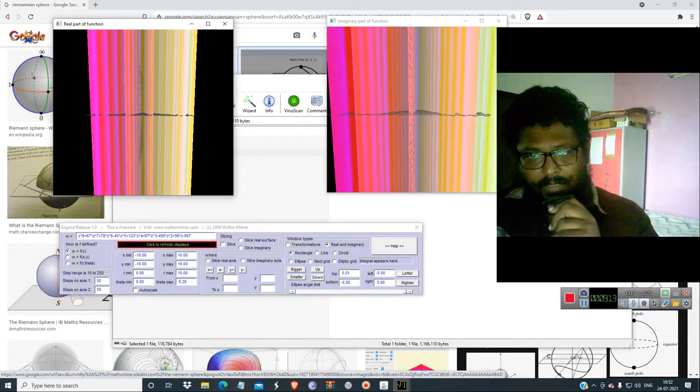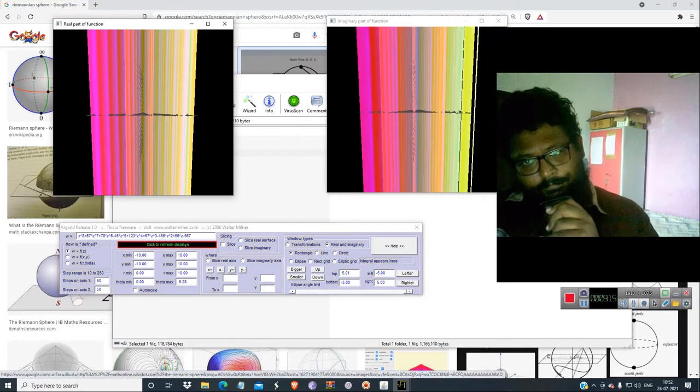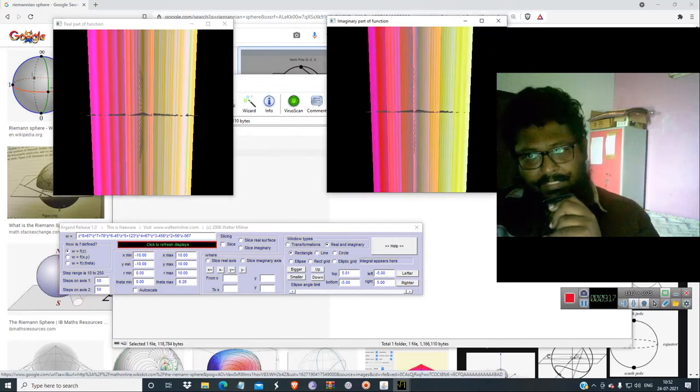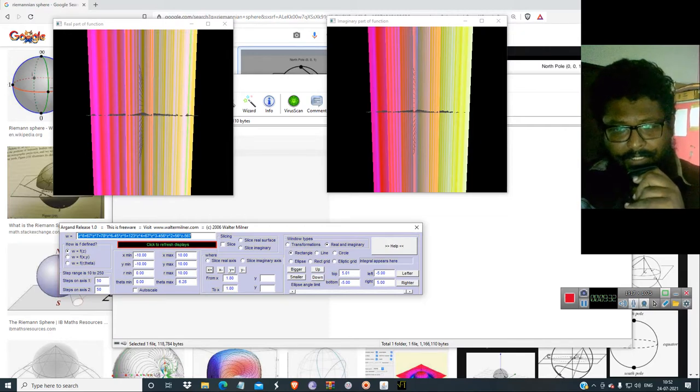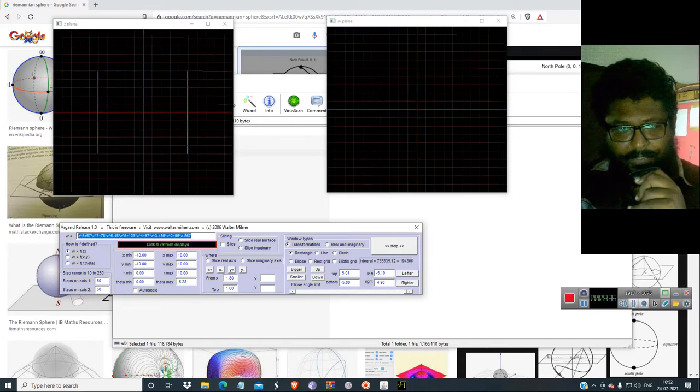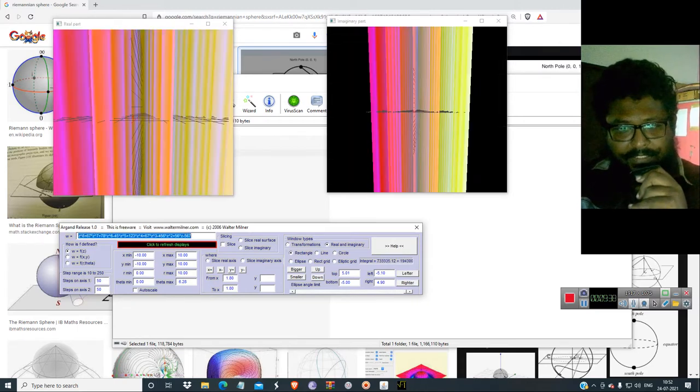You have an equation like this. You can see a lot of things. And what about the rotation or the transformation that is really happening? These are the things you see.